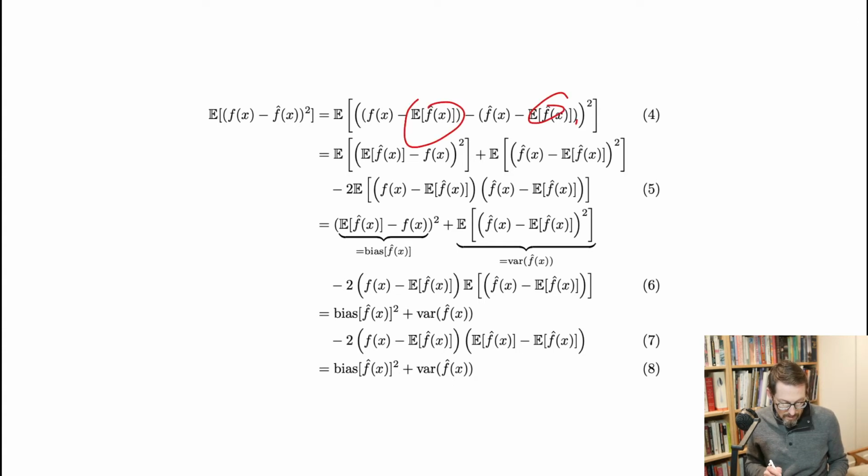So at that point, we're left with, at 7, we can start to see definitionally that this is the definition of the variance of a distribution, right? It's the second moment. And this one is our bias term. It's the output minus the expected value of the output.